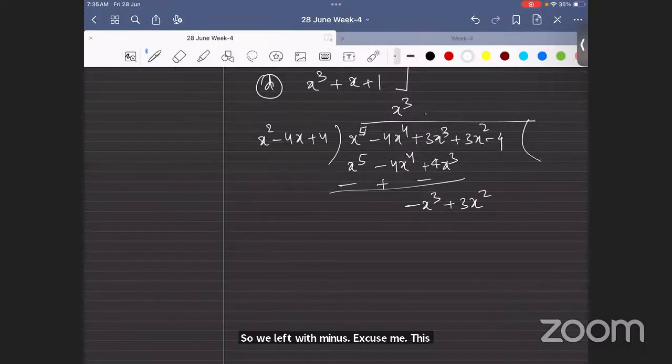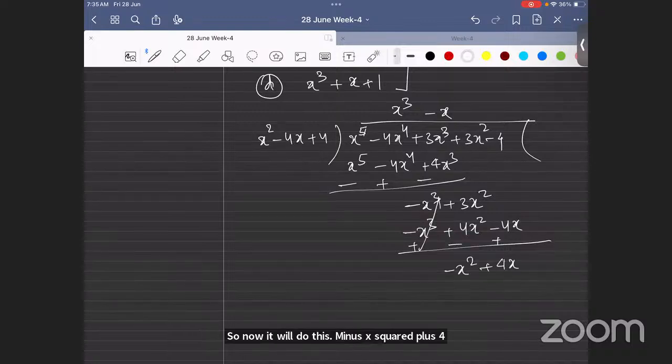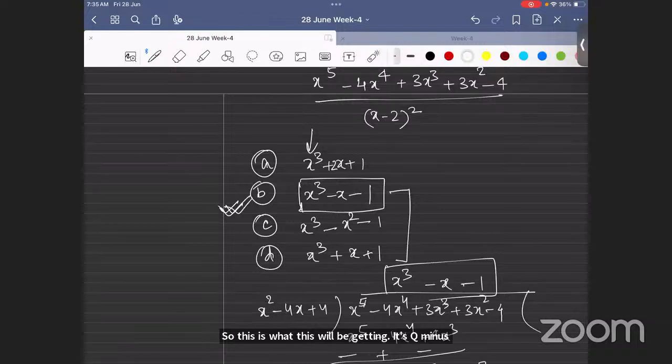If you multiply by minus x, we'll be left with minus x cube plus 4x square minus 4x. Now if we do this, we'll be left with minus x square plus 4x minus 4. Now you can take minus 1, and then you'll be left with x square plus 4x minus 4. So this is what we should be getting, x cube minus x minus 1. So the second statement is correct.